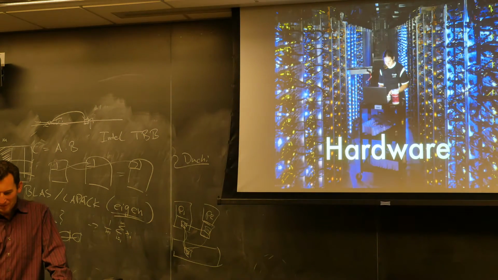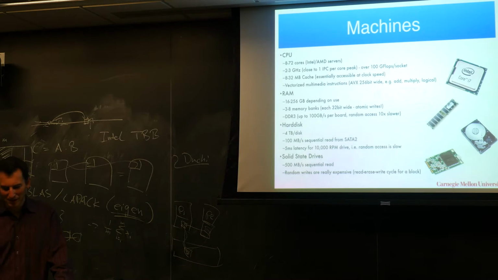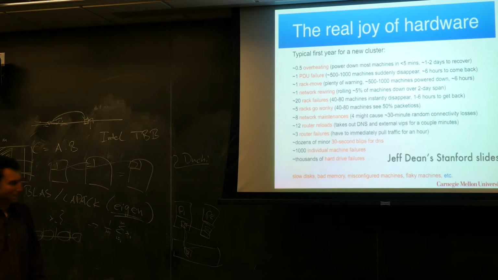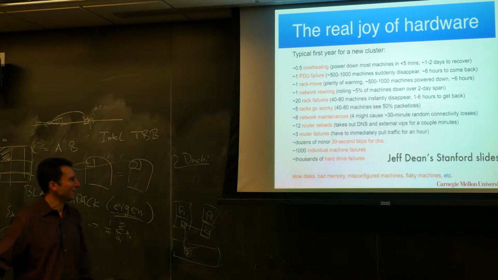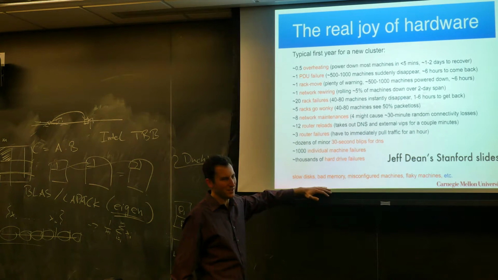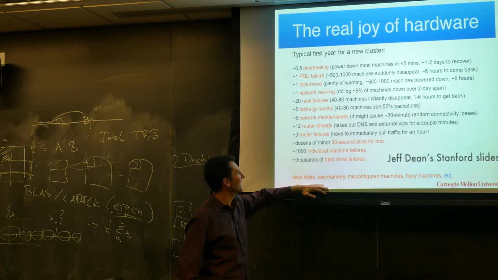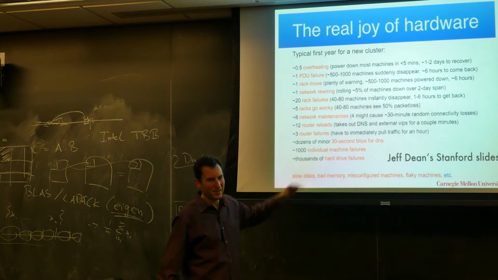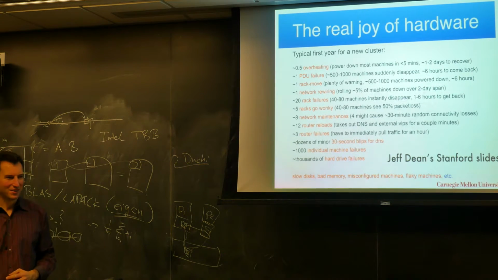Okay. So we've already talked a little bit about hardware. This is just some more background. Yeah, you might as well look at that at some point. But basically, this is from Jeff Dean's Stanford slides. So he taught a class on this. And essentially, what this tells you is that in a data center, stuff can go even more horribly wrong.